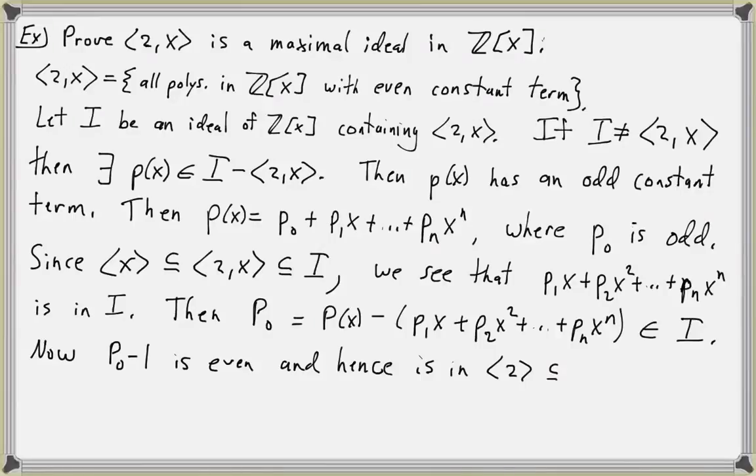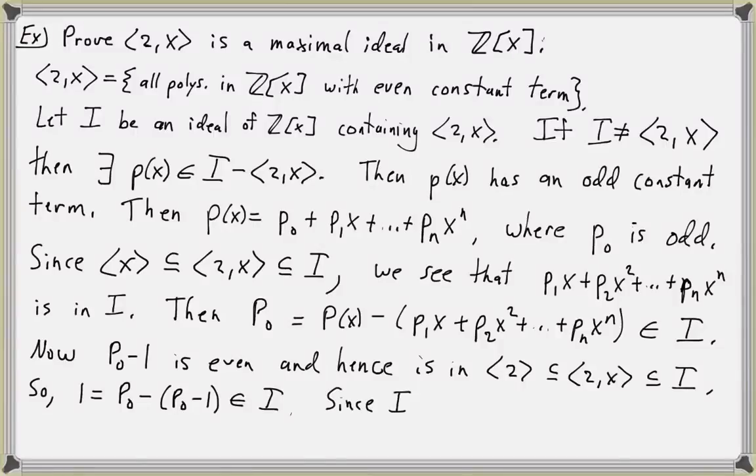That's contained in the set of polynomials with even constant term, which again is contained in I. So we see that p0 minus 1 is also contained in I. So p0 and p0 minus 1 are in I, so their difference is also in I. But I can write 1 as p0 minus (p0 minus 1). And just like in the previous example, we see that I contains the unit 1.